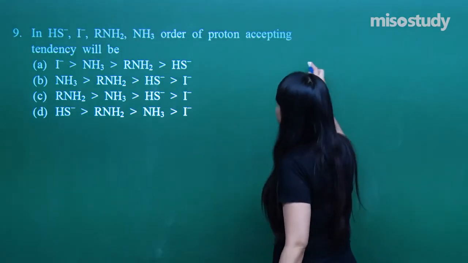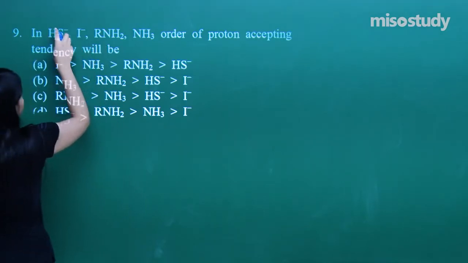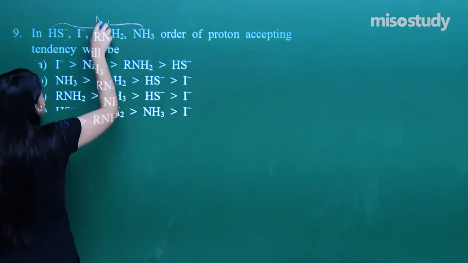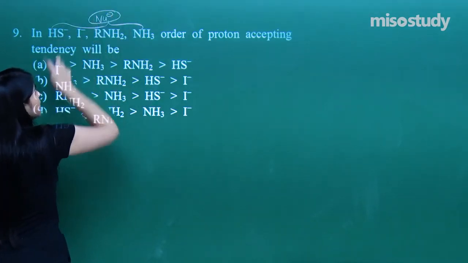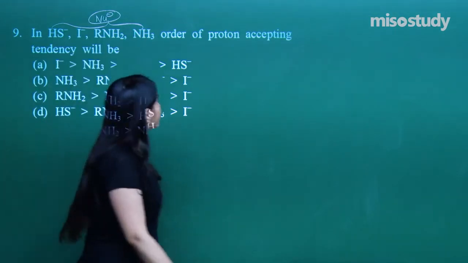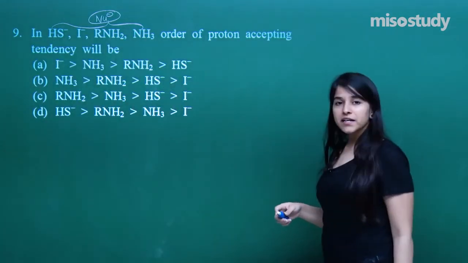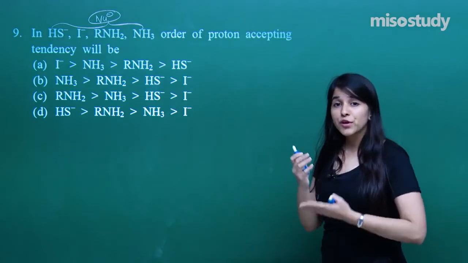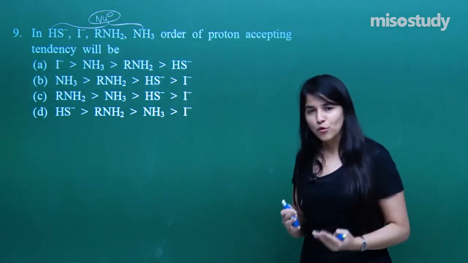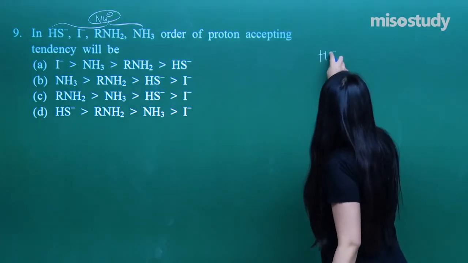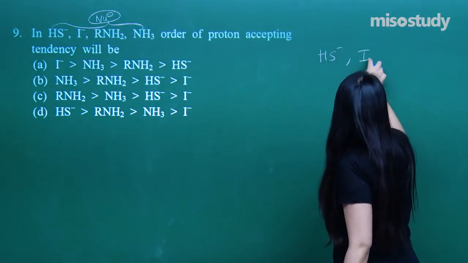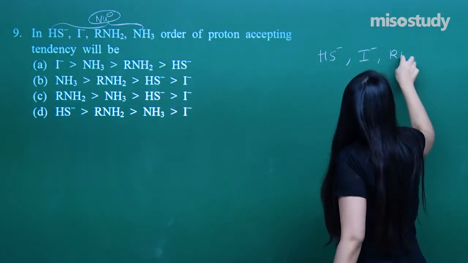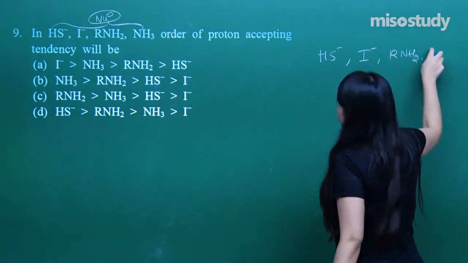So these are nothing but the nucleophiles which are given here in this case. And what we need to find out is which is going to accept the proton more easily.